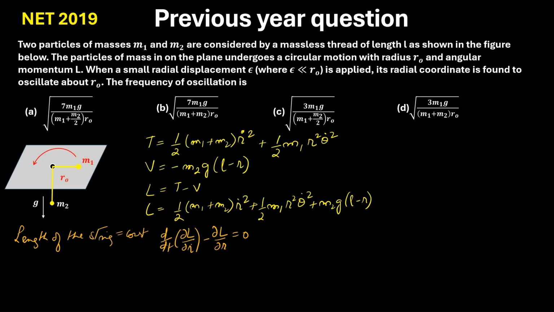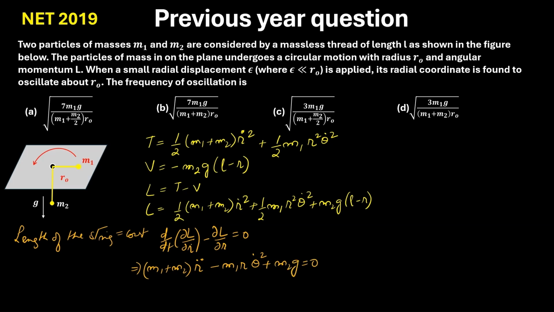If I substitute, I can directly write (m1 + m2) r double dot minus m1 r theta dot squared. Then this term gives minus m2 g, but because of the minus sign we get plus m2 g.